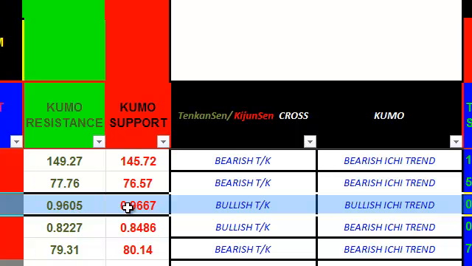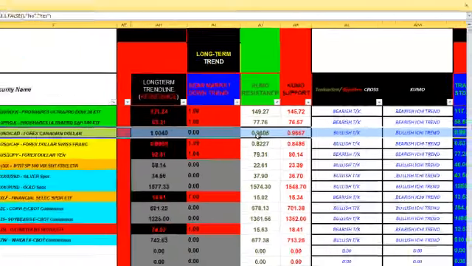It just means that right now it's a bearish cloud because the support is higher than the resistance. When the resistance price is higher than the support, then it's a bullish Kumo cloud. It doesn't mean that the trend is bullish or bearish. It just means that it's the type of cloud that it is. So that's all that means, okay? So basically, in a situation like this, the 96.67 is really the top of the cloud. The 96.05 is really the bottom of the cloud. Okay, that's all that means.